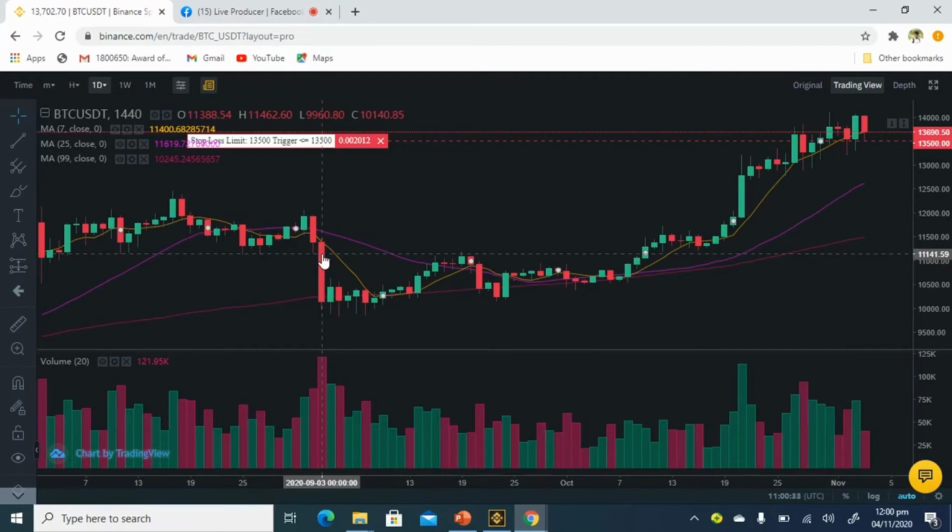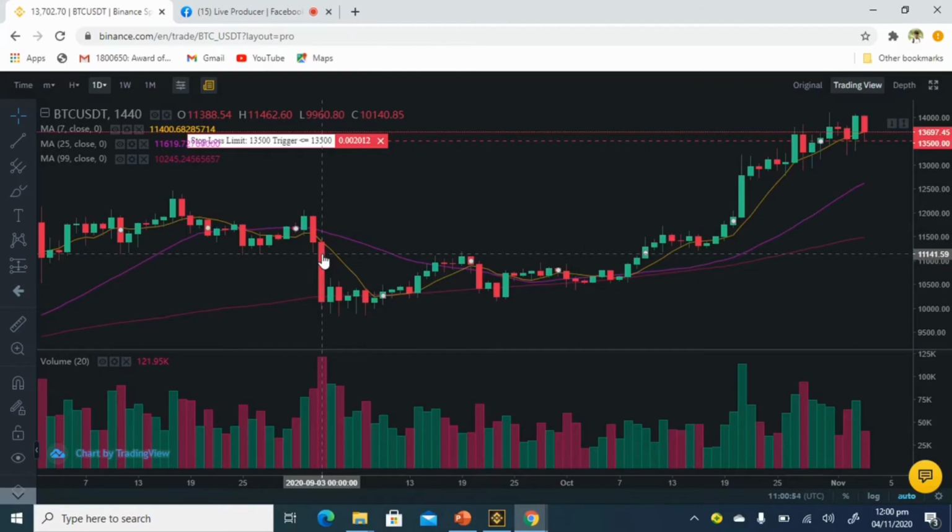Bitcoin opened the day at 11,388.54 USDT. And closed the day, which is the last value here, OHLC, C for close, at 10,140.80 USDT. Okay, there's a drop. That's why you see it's a red candle.